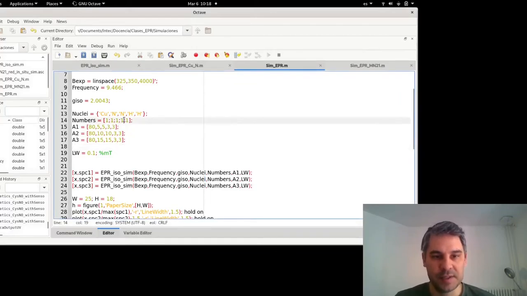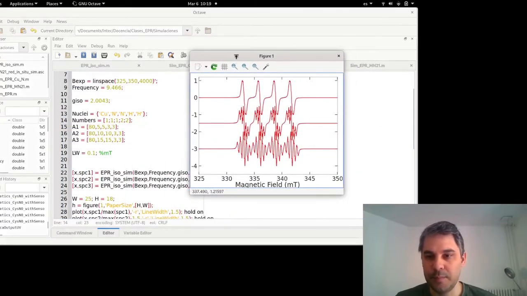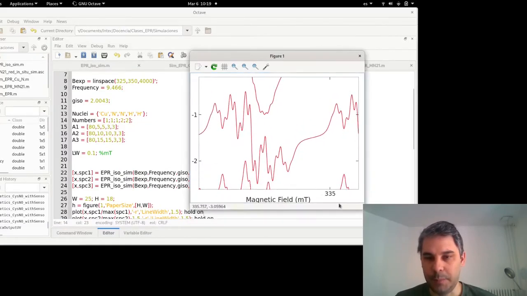But if I, for example, increase the number of equivalent hydrogens, it becomes more and more difficult to actually resolve the pattern. You can see lines, but it's very hard to know where they come from.